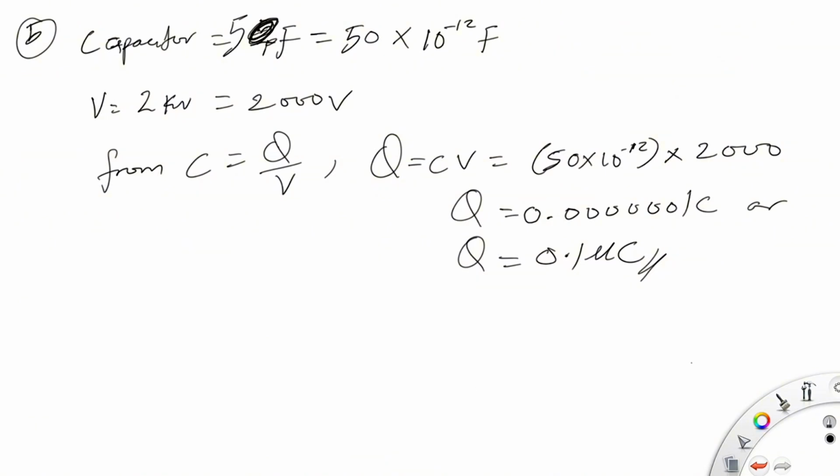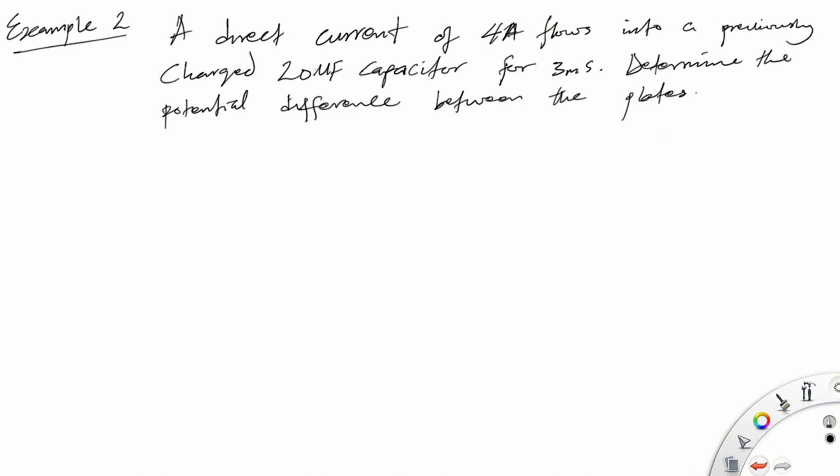So let's now look at another example. Alright, this is the second example we'll be looking at, where the question says a direct current of 4 amps flows into a previously charged 20 microfarad capacitor for 3 milliseconds. Determine the potential difference between the plates. So let's proceed. This is the solution. What's our data?